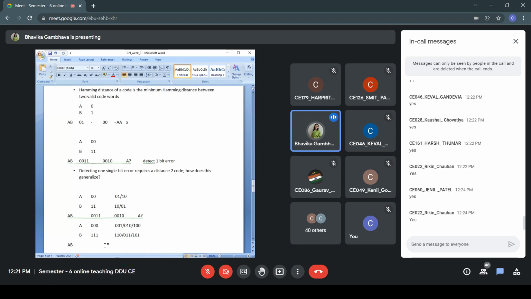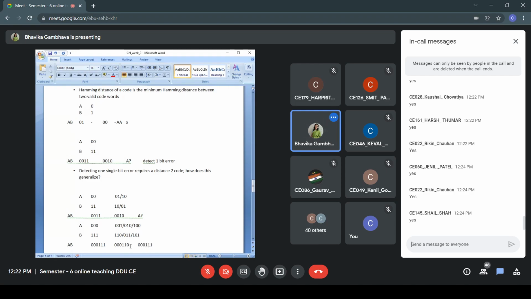So now when we are sending A, B, we are sending 000 111. Now if there is 1 bit error, let us say receiver is receiving this. So when receiver is receiving 000, it knows that it is A. When it is receiving 110, it knows that it is likely to be B. It knows that actually ideally it should have been 111.